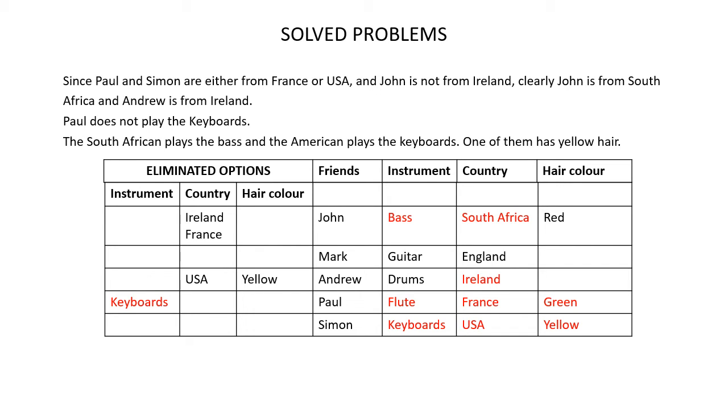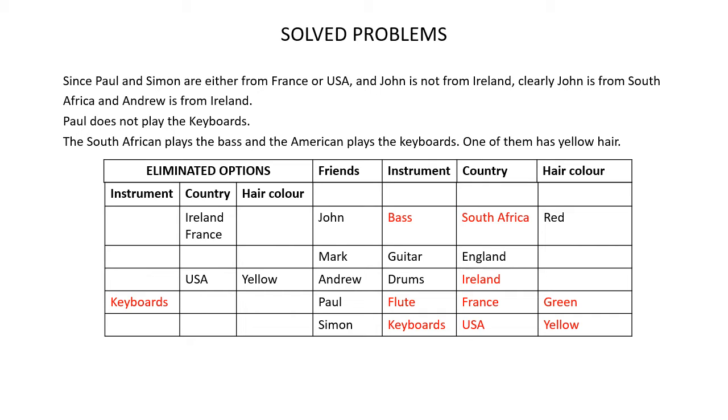Now we know that Mark is from England. Paul and Simon are from either France or USA. So the only two countries left now are South Africa and Ireland. But since it's given that John is not from Ireland, clearly John is from South Africa.